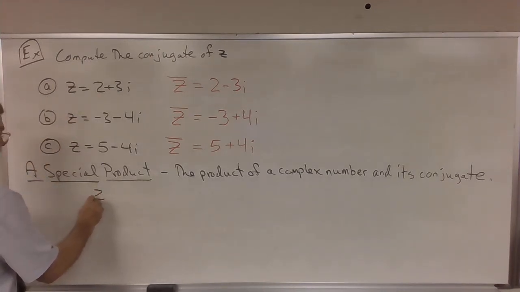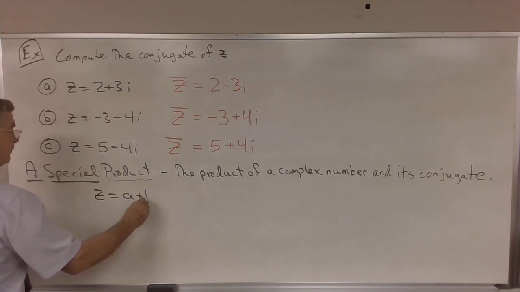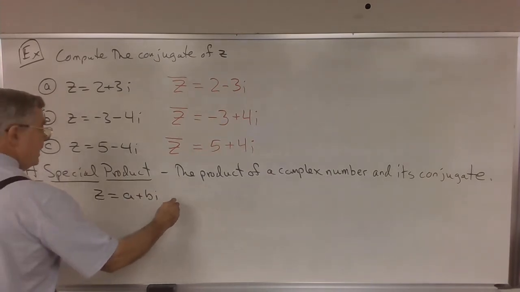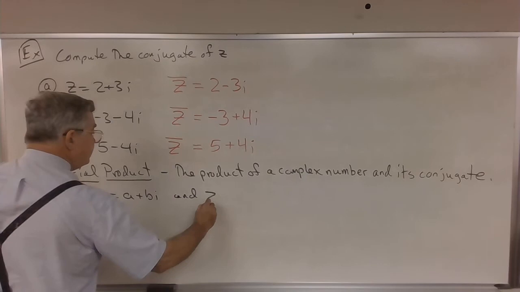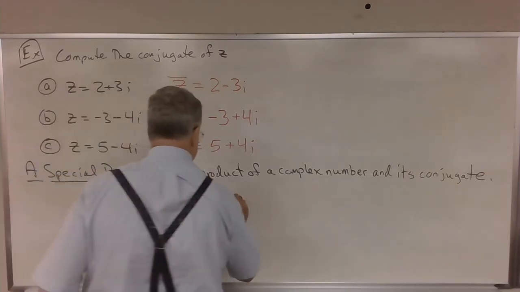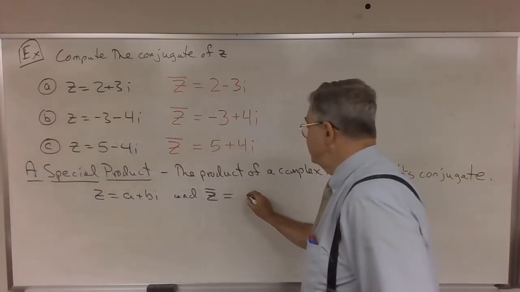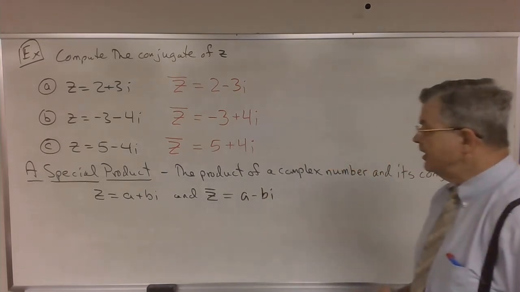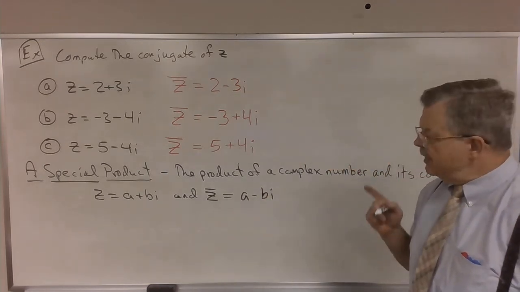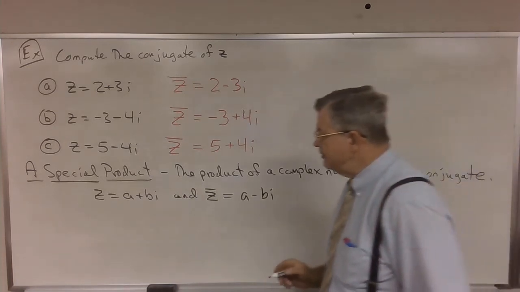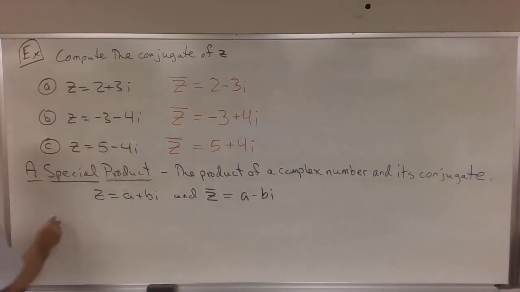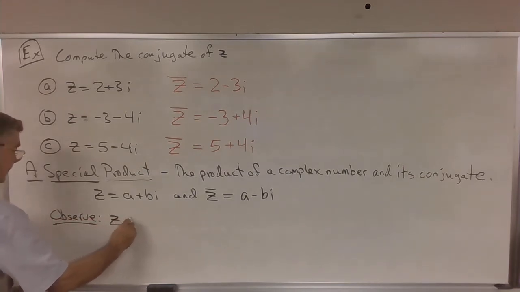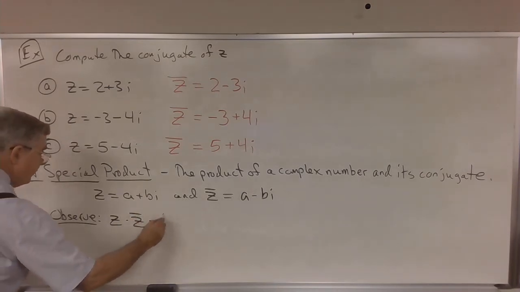We have a complex number, a plus bi, and we have its conjugate, which is a minus bi. What happens if we multiply these two things together? Z times z conjugate.